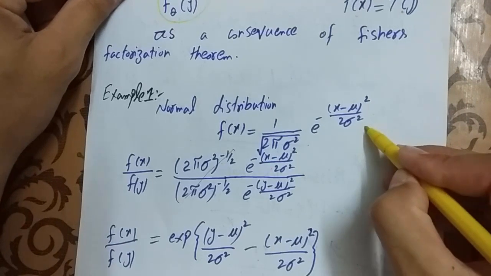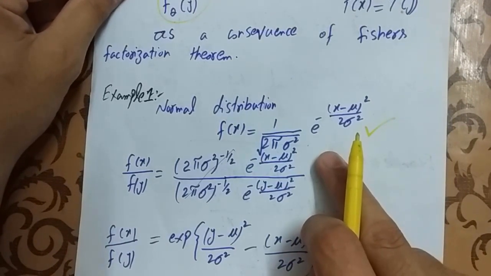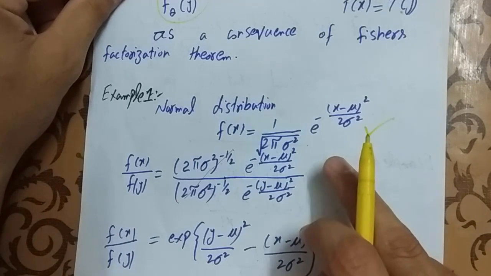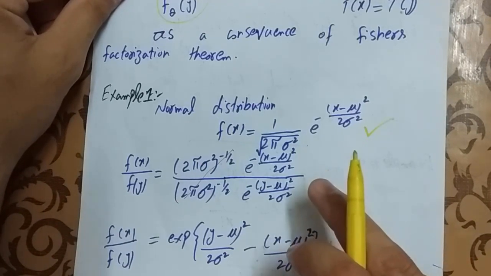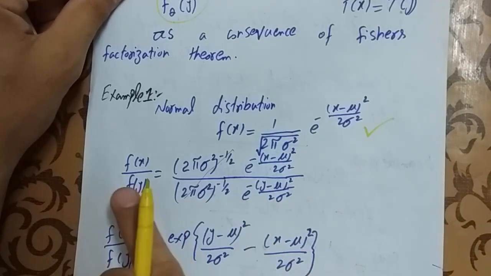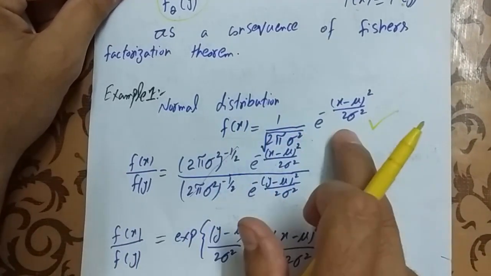We check whether this normal distribution obeys the minimal sufficient statistics or not, by using the criteria of the Fisher factorization theorem. First of all, we put x in this function, which is equal to this.